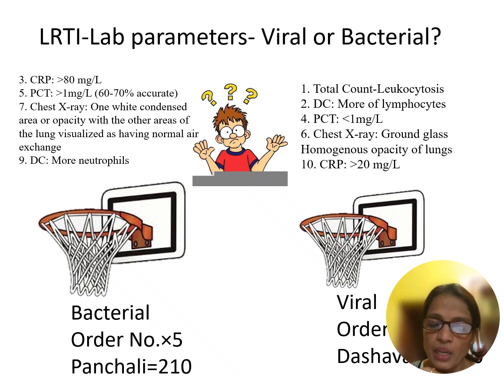At least in 50% of the cases, if you can avoid the use of antibiotics for viral infections, we are preventing antimicrobial resistance. So this is one step forward in preventing antimicrobial resistance and doing the correct antimicrobial stewardship activity.